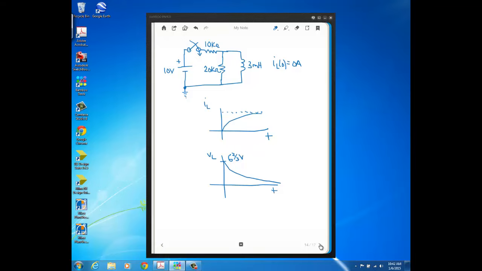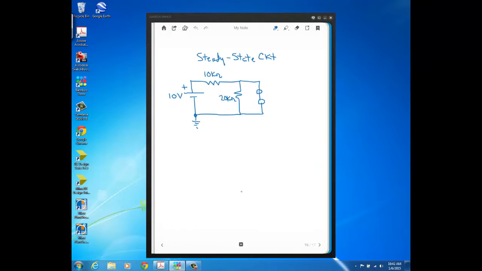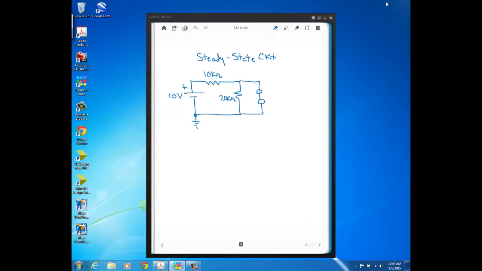Alright, so the next step I did was steady state. So at steady state, the inductor is acting like a short circuit, again just the opposite of the capacitor case.